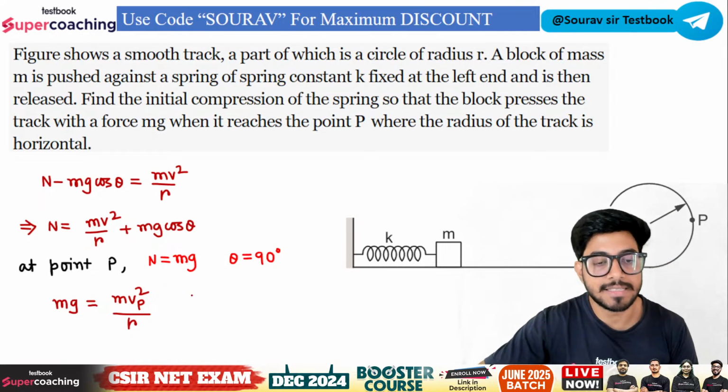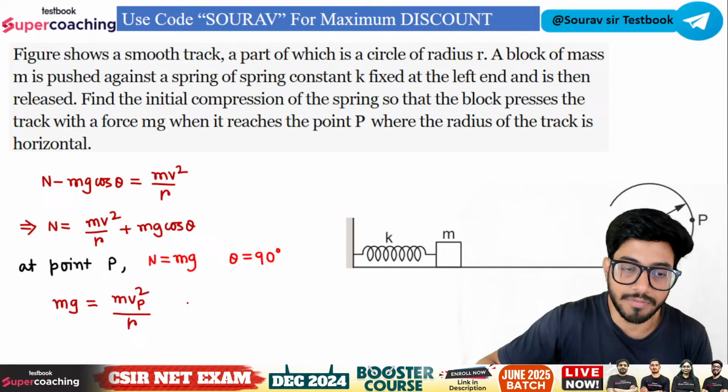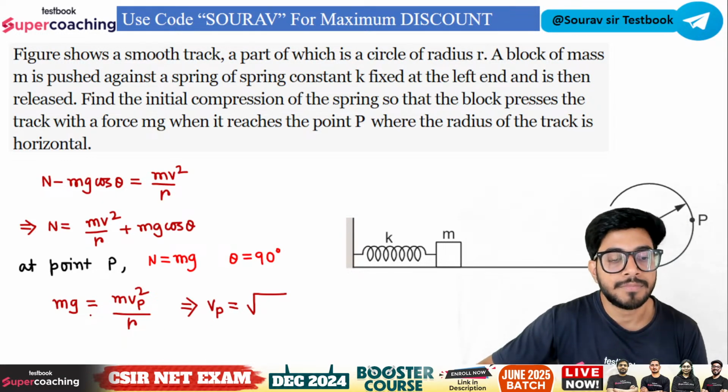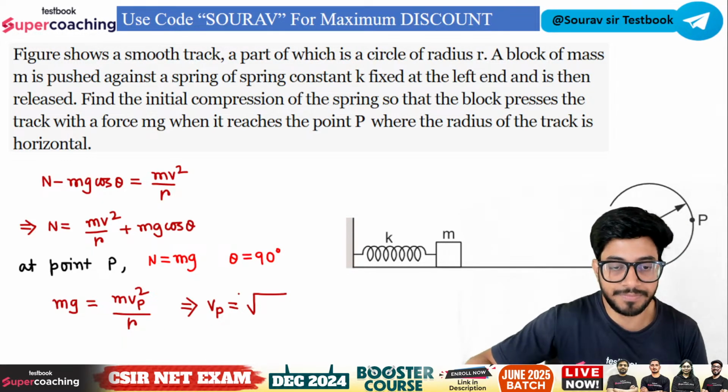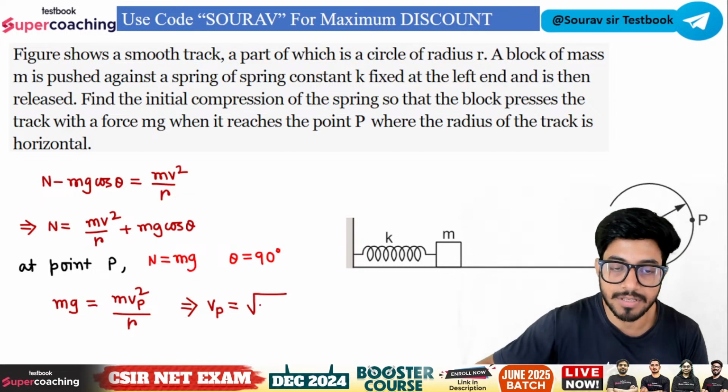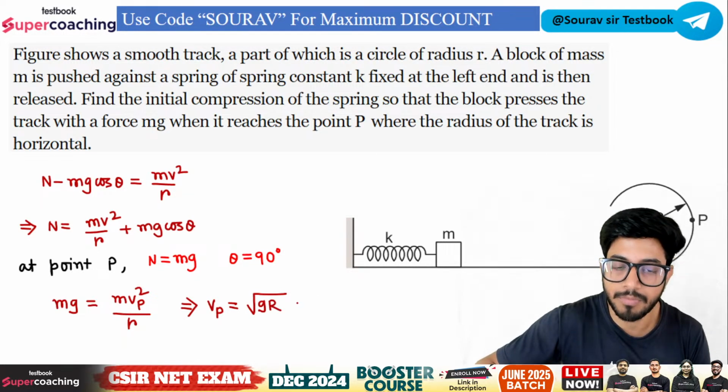The m cancels out, and from here I get the value of vP. The velocity at the point P is root over of gr.